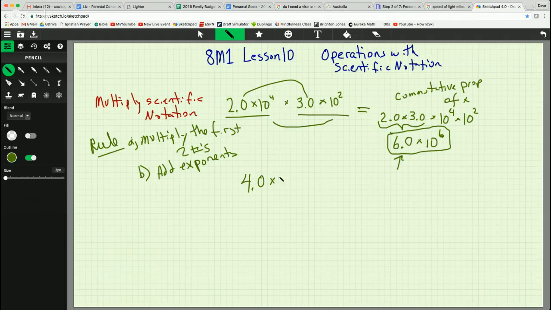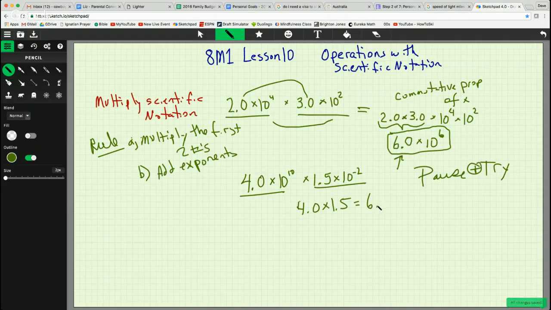4.0 times 10 to the 10th, that's one number, times 1.5 times 10 to the negative 2. So you should pause and try. Okay, well, what do we do? We multiply the first two numbers. We say 4 times 1.5, and that equals 6.